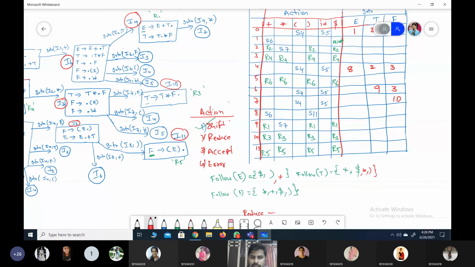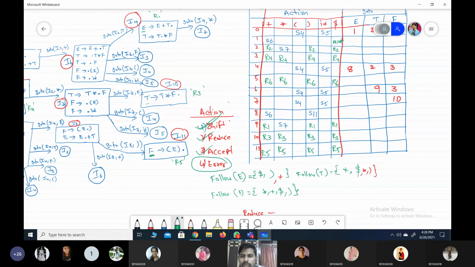We have represented the shift operation in the action part. We represented reduce in the action part. And accept is nothing but always state 1 on dollar is always accept, because it's an augmented grammar. Okay. And what about the errors?